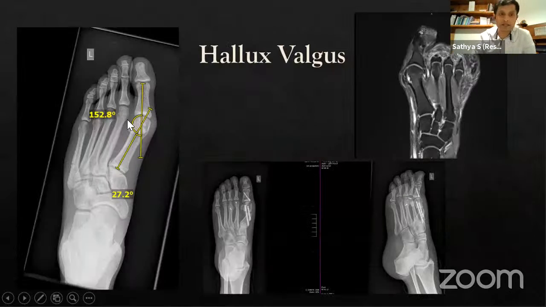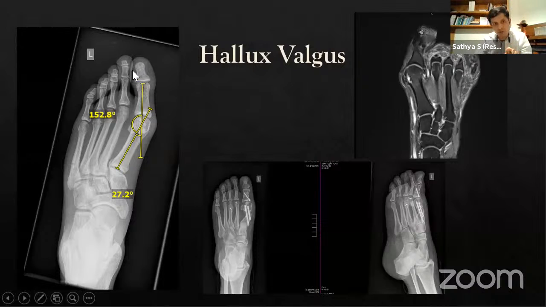With respect to hallux valgus, this is one of my patients, the same guy who had the Jones fracture. Any person who has hallux valgus with more than 15 degrees of angulation, we call a hallux valgus that is beyond normal, and there is an overlap happening. Here we can see how the skin, or soft tissues, are overlapping between the second and first toe.